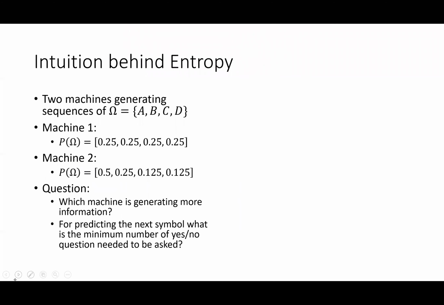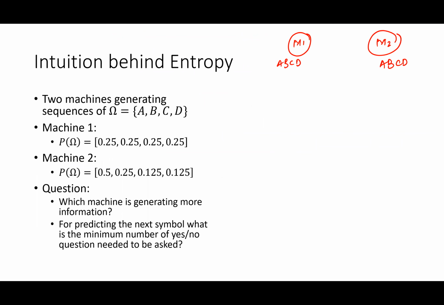Fine. So let us say we have two machines. Machine number 1 and machine number 2. Both machines are generating symbols A, B, C, and D. At each time step, both machines generate a symbol from these 4 symbols.